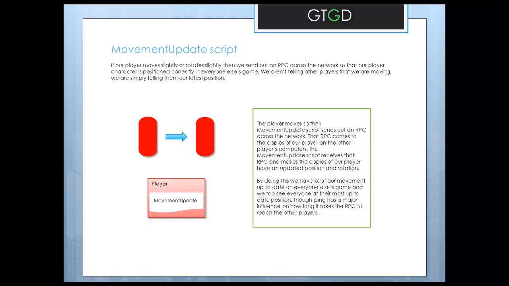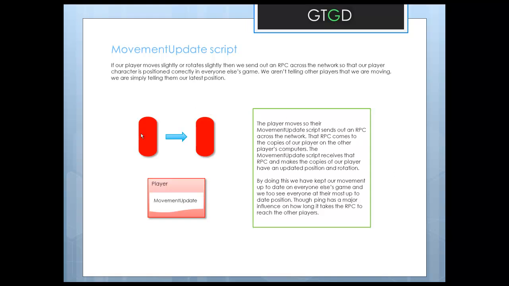And it doesn't actually tell them that we're moving. It doesn't make us move in their game. All it does is just tell them our latest position, and our player character is just simply repositioned.